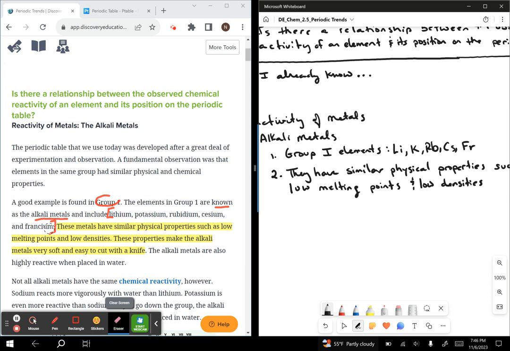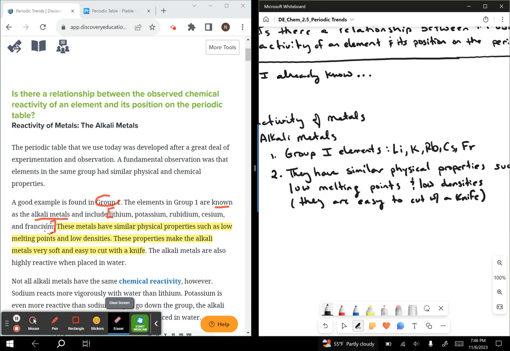They are easy to cut with a knife. You won't find that with most metals, will you?